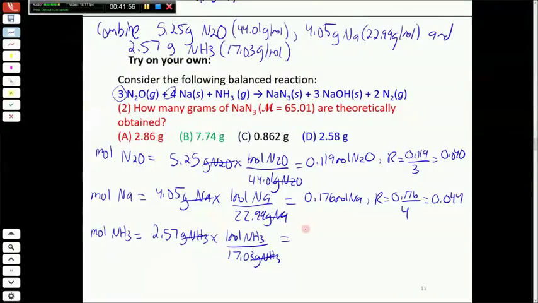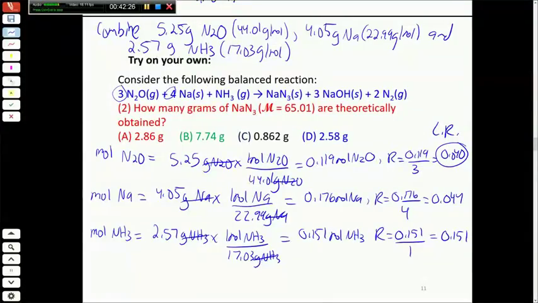We have 0.151 moles. And its ratio is going to be then that number divided by its coefficient, which is just a 1. So it's the same number. Okay, so the smallest of these 3 stoichiometric ratios is going to tell us what the limiting reactant is. That's clearly going to be N2O. So we've identified N2O as our limiting reactant.